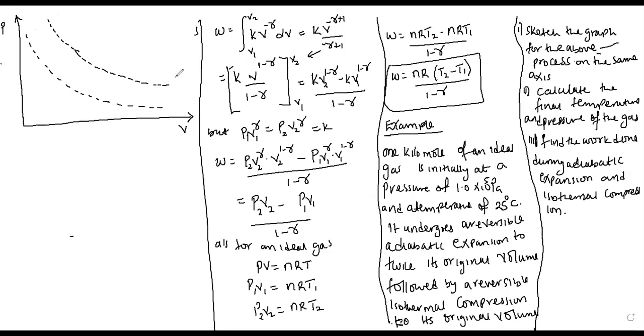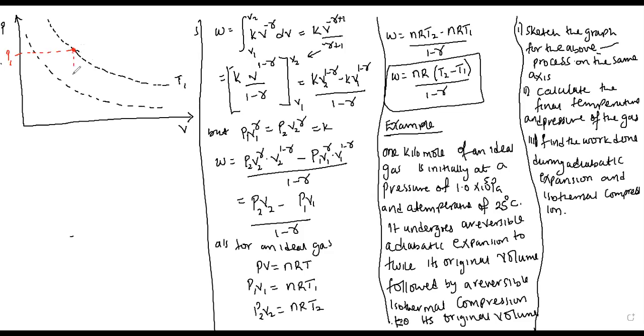So this was the initial temperature T1. Then they said it undergoes, if initially this was the volume, had a pressure P1, which was initially here. Then the gas undergoes a reversible adiabatic expansion.